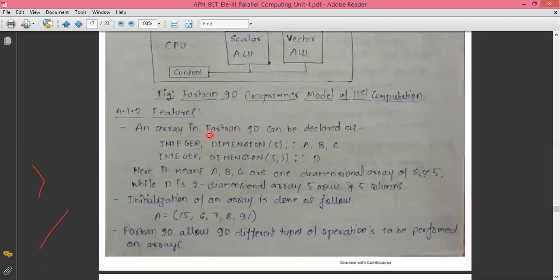If in Fortran 90 you want to declare an array, it is declared like this.